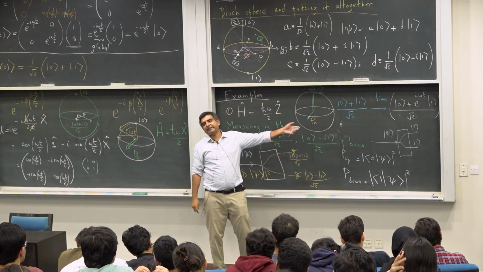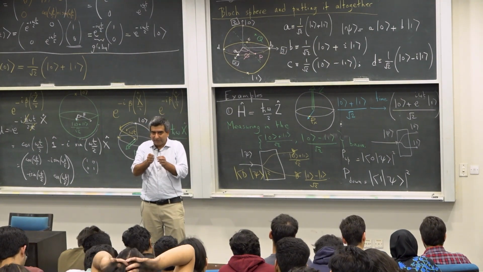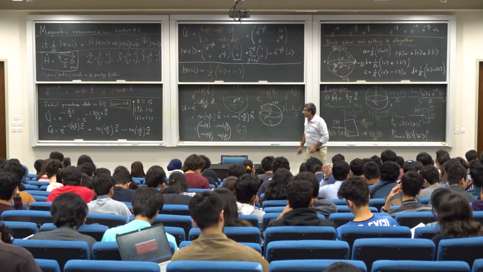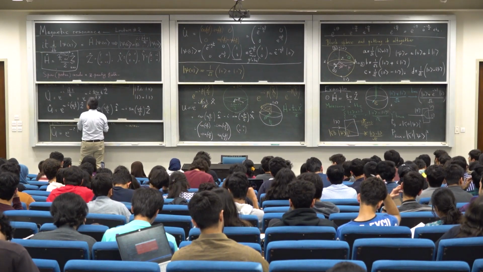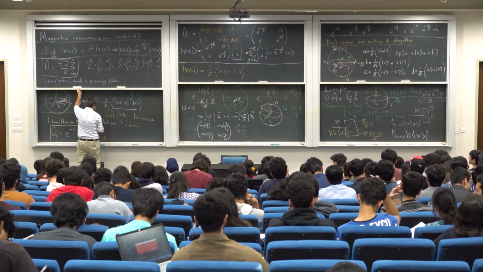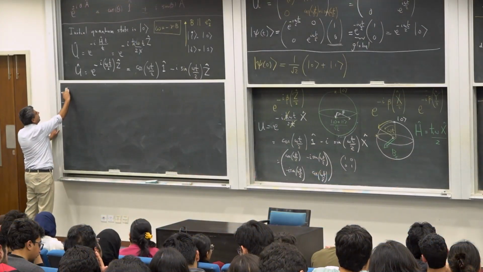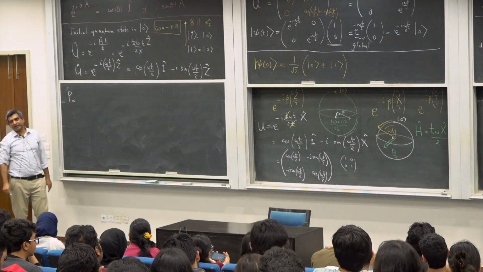The probability that this detector clicks is P_x. I'm calling it an x detector because it's pointing along the x axis of the Bloch sphere. So if I were to calculate this probability, the probability that my x detector clicks.